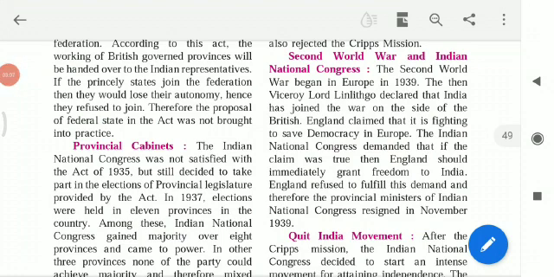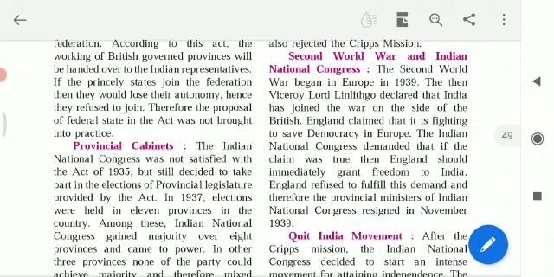Children, the Second World War began in Europe in 1939. The then Viceroy Lord Linlithgow declared that India has joined the war on the side of the British. England claimed that it is fighting to save democracy in Europe.